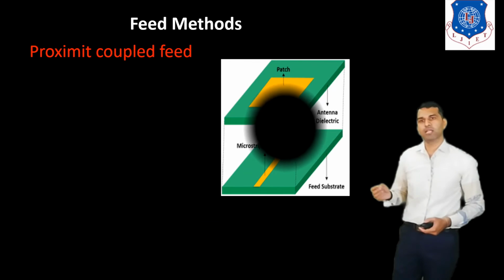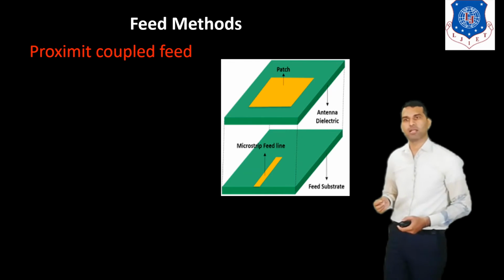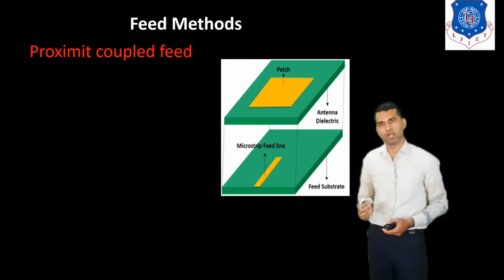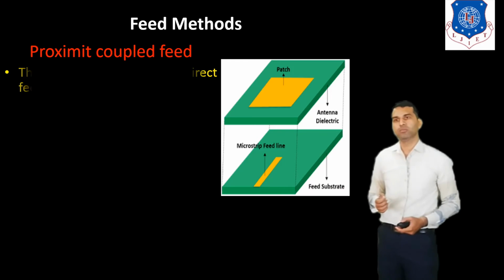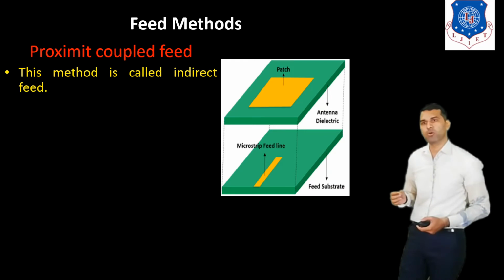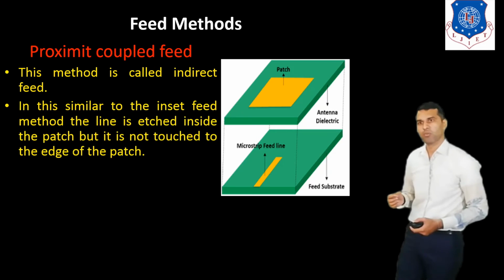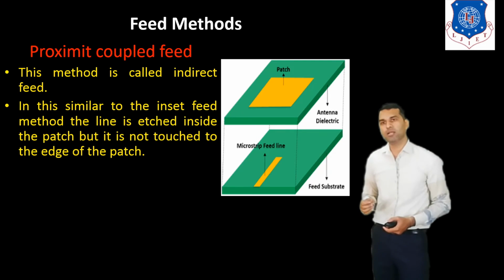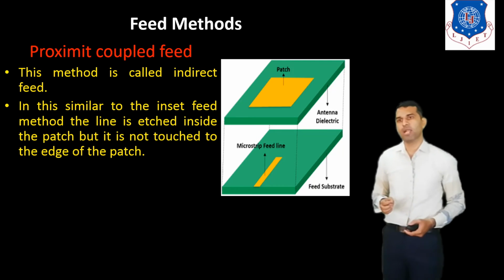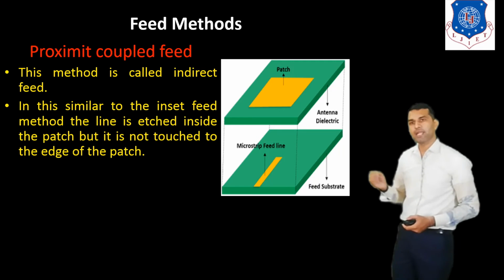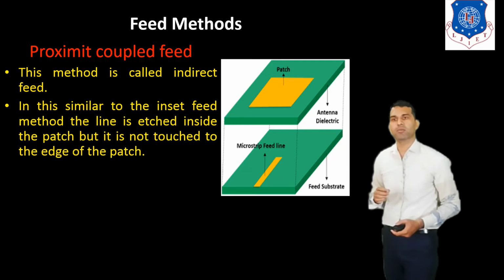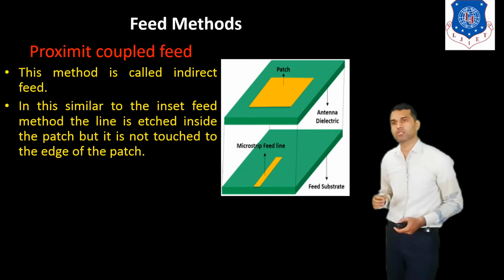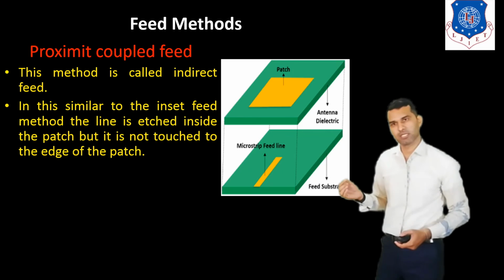Now the second type of feeding method is the proximity coupled feed method. This method is called the indirect feed method. Similar to the inset feed method, the line is placed inside the patch, but it does not touch the edge of the patch.